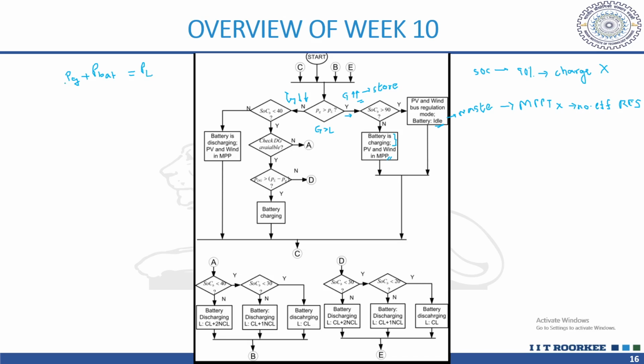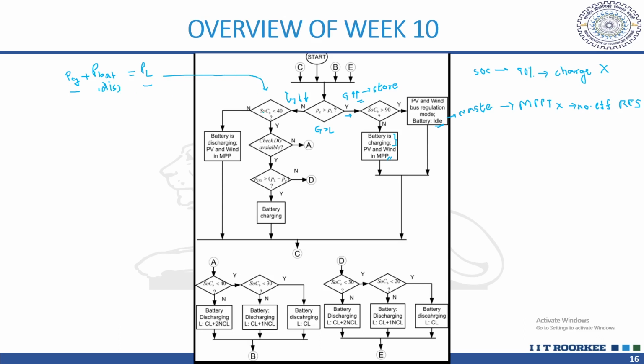So if PG is greater than PL, the battery will charge. But if PG is less than PL, the battery has to discharge in this condition, right?